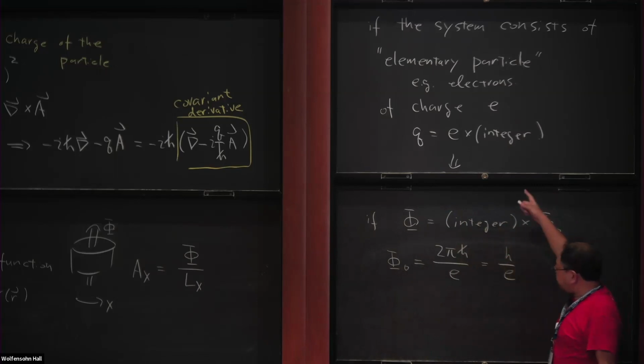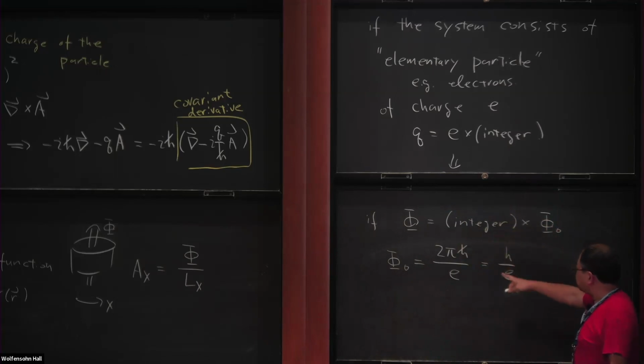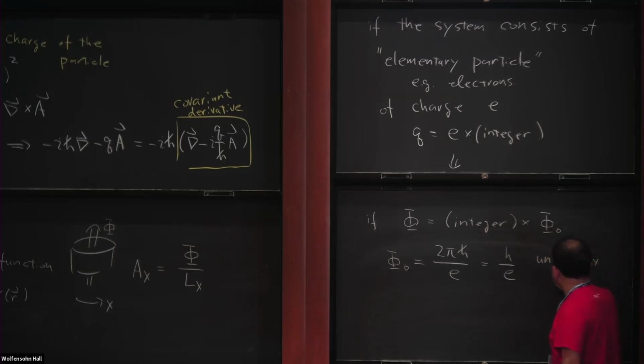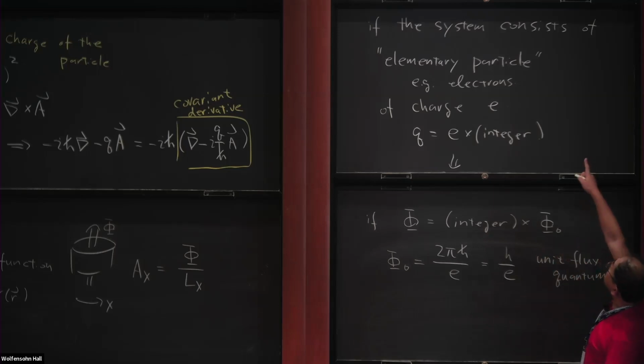So if your magnetic flux, the Aharonov-Bohm flux, is an integral multiple of this phi 0, which is sometimes called the unit flux quantum, then this phase difference caused by the magnetic field, which was the source of the Aharonov-Bohm effect, actually becomes an integral multiple of 2 pi.